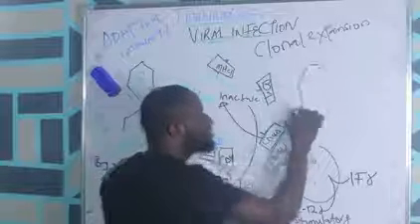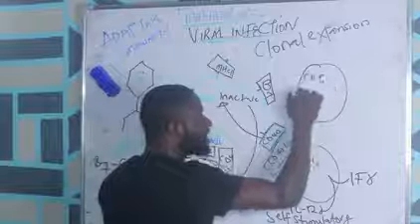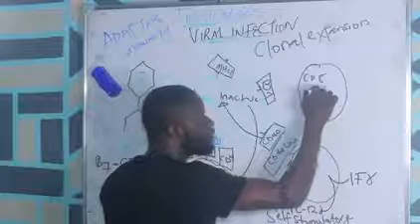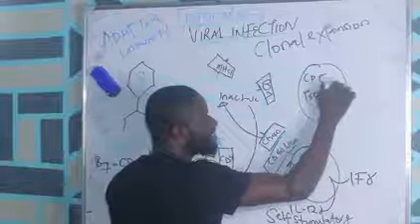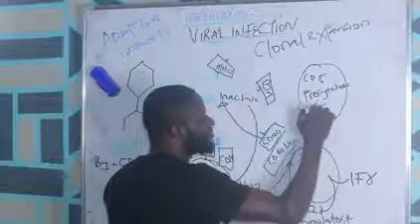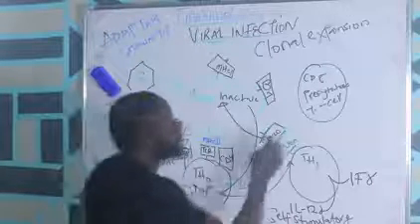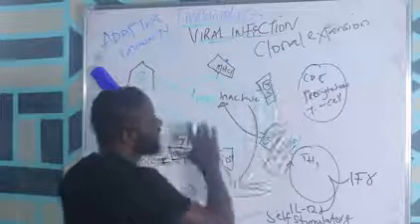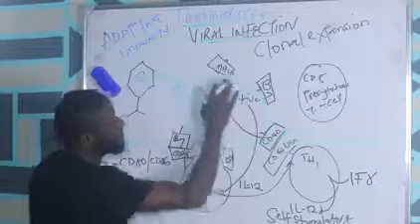Okay, so I'm going to draw it here. So my CD8 pre-cytotoxic T cell, cytotoxic T cell. So this will be mediated. Now just watch this, please. This is your B7.